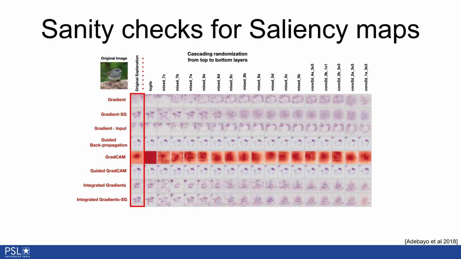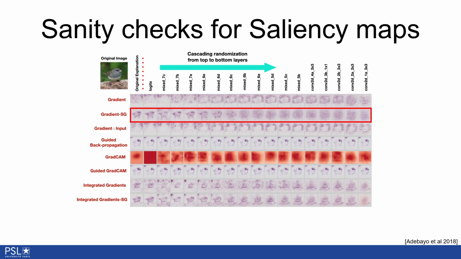Then the different columns show the saliency maps obtained when the parameters in different layers of the networks are progressively randomized. Here, the randomization starts from the top or deepest layers and then proceeds from top to bottom layers in a cascading fashion.